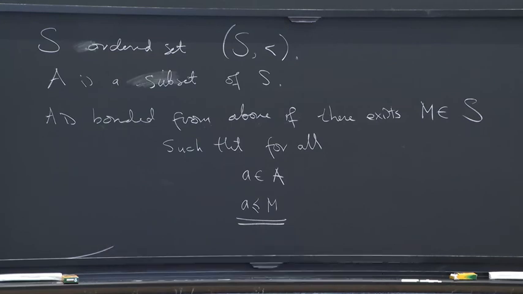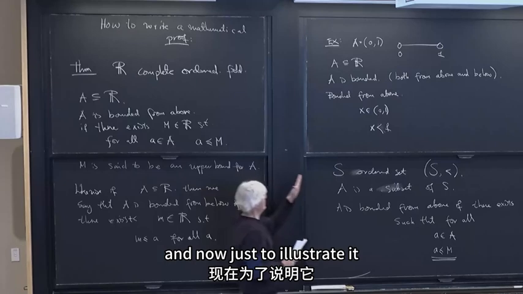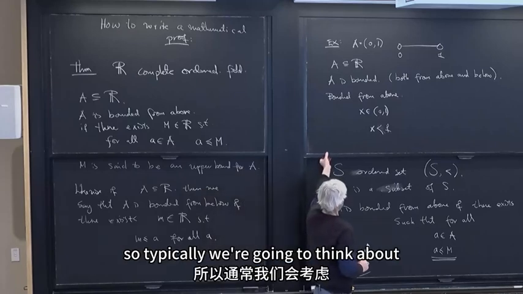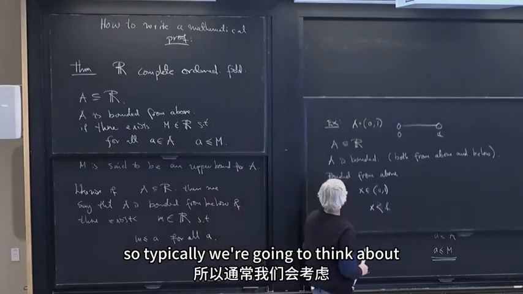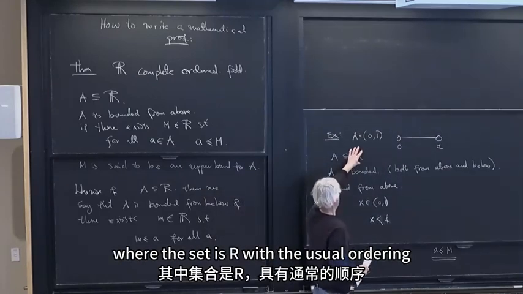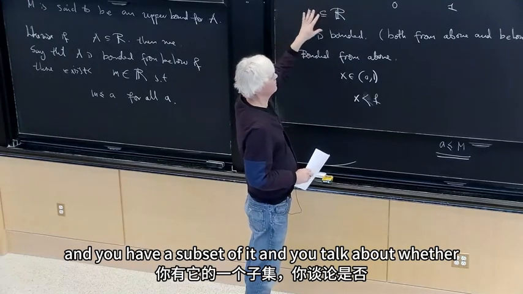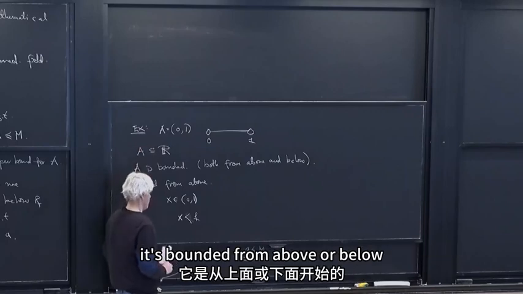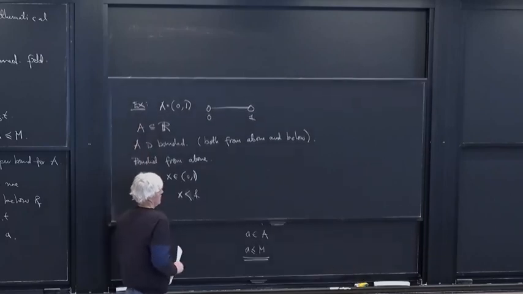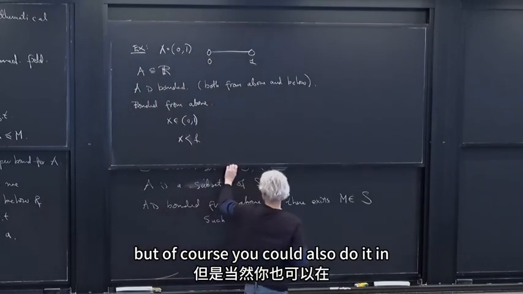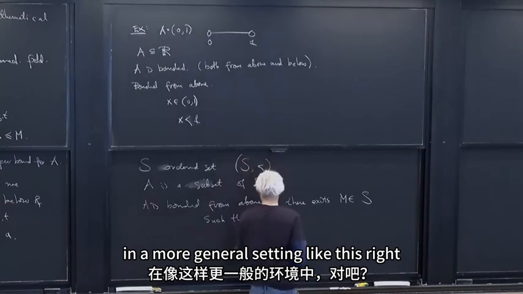Now just to illustrate it, typically we're going to think about where the set is R with the usual ordering, and you have a subset of it, and you talk about whether it's bounded from above or below. But of course, you could also do it in a more general setting like this.